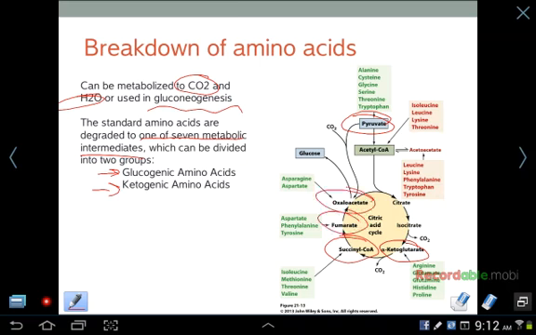All right, and so therefore they are glucose precursors. So these can all be used in gluconeogenesis if we continue round in the citric acid cycle, then up into pyruvate. Ketogenic amino acids are broken down into acetyl-CoA or acetoacetate and are thus converted into fatty acids or ketone bodies.